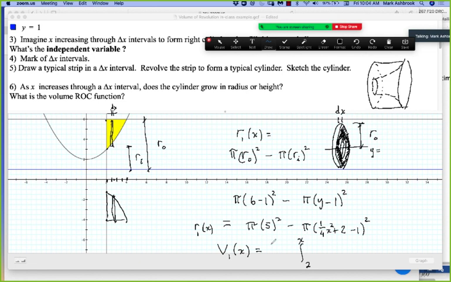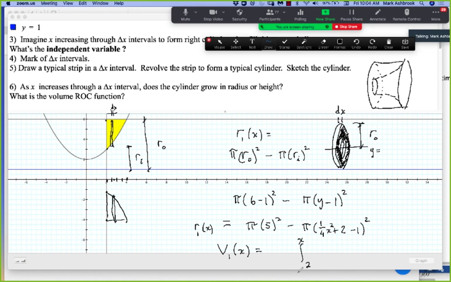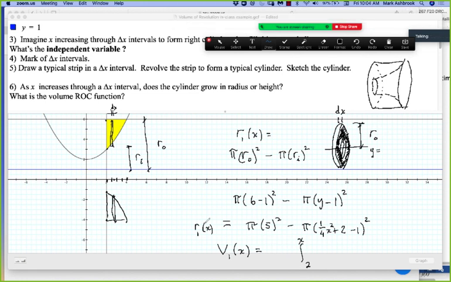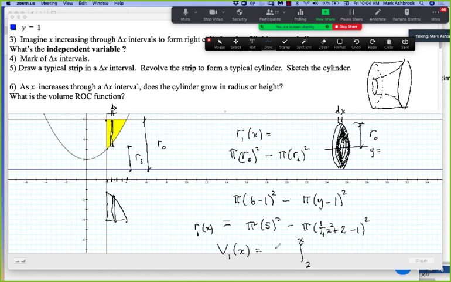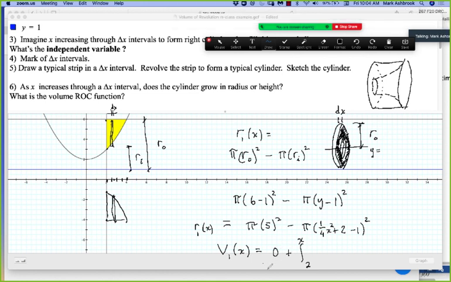And how much volume have we accumulated before we got to 2? Nothing. That's where we actually truly start. So if we want to write a total accumulation version, it would be 0 plus, or v of 2, which is 0.